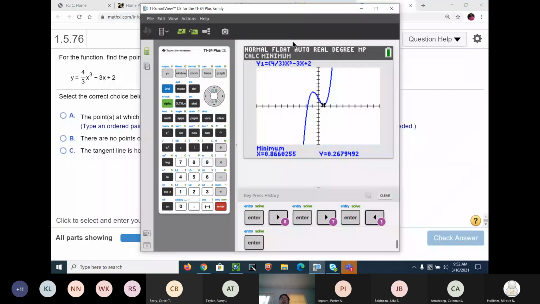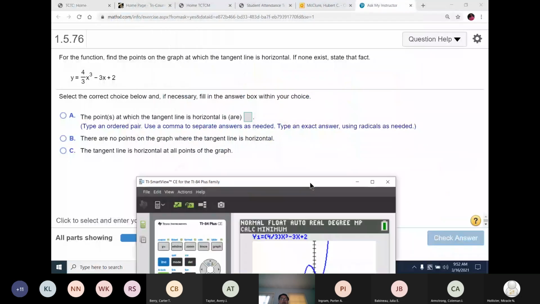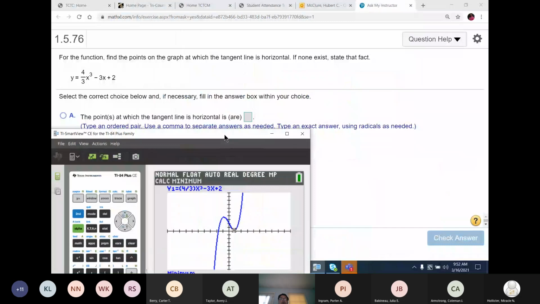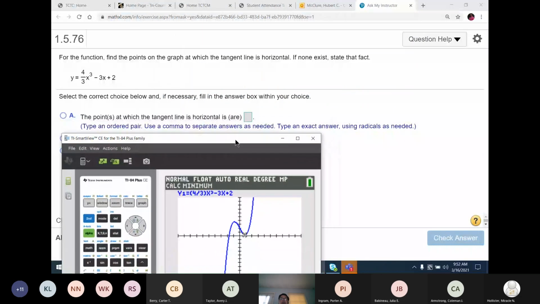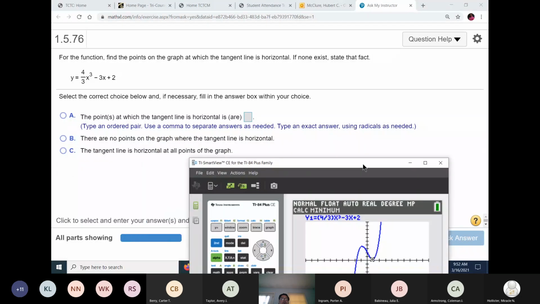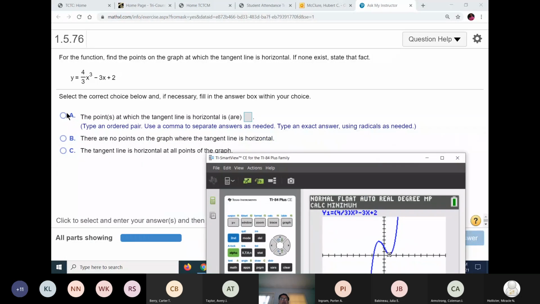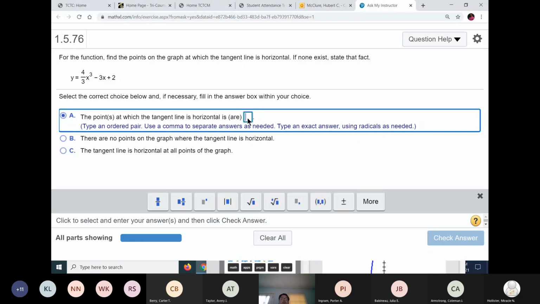Okay, and that's where you type in the points at where the tangent is horizontal. And it says use a comma to separate. Type using radicals. You don't need radicals, just right here. And I don't know if they want just the x or the y's.